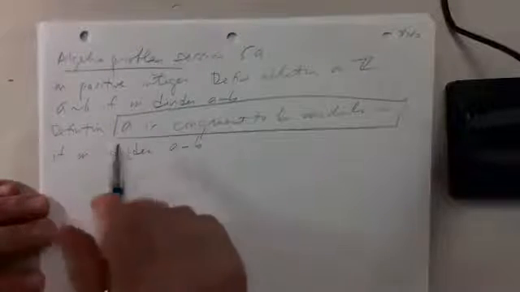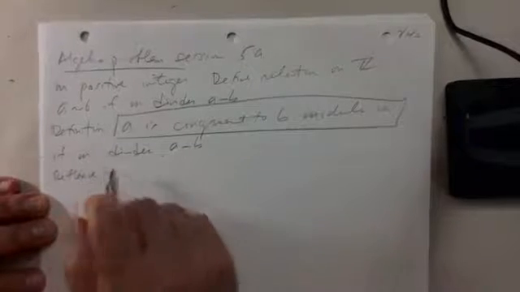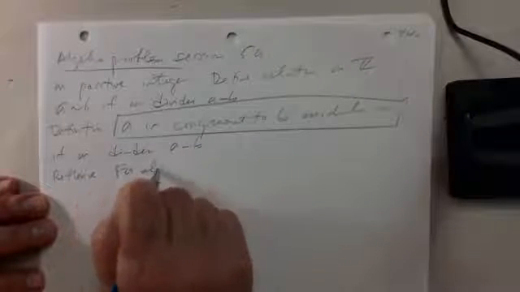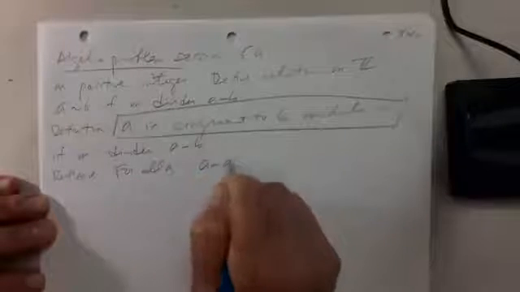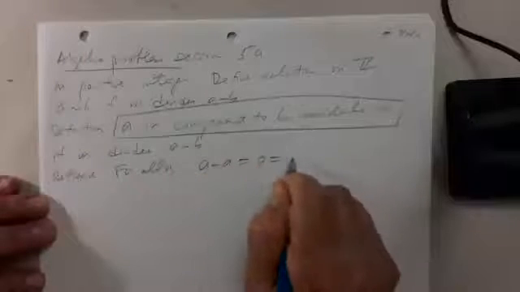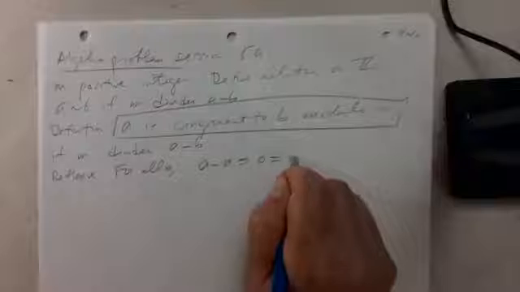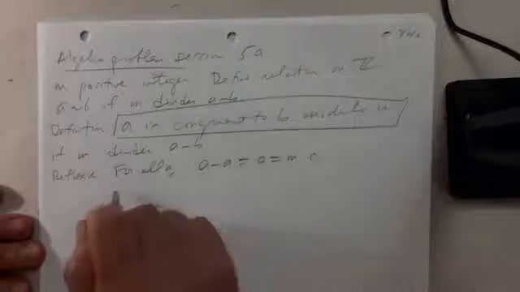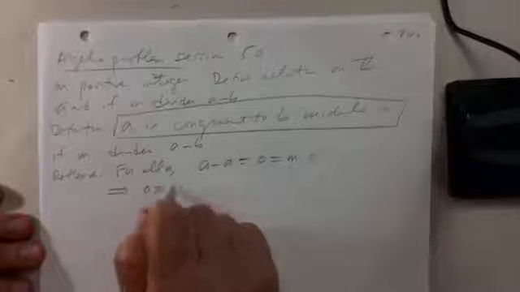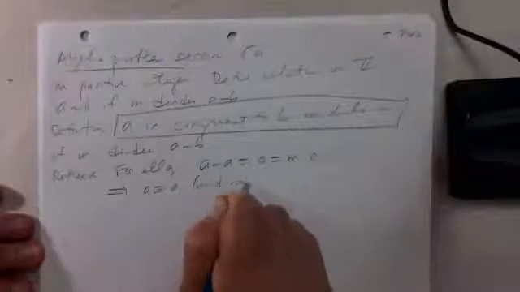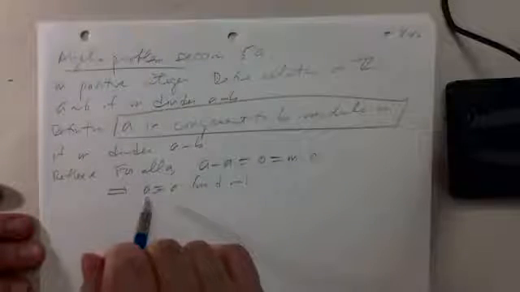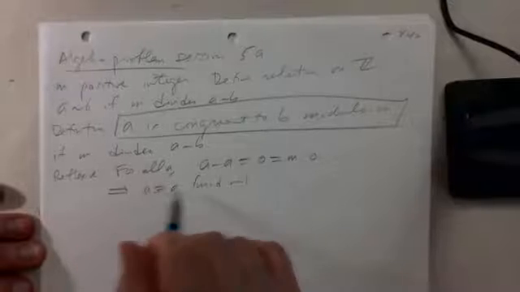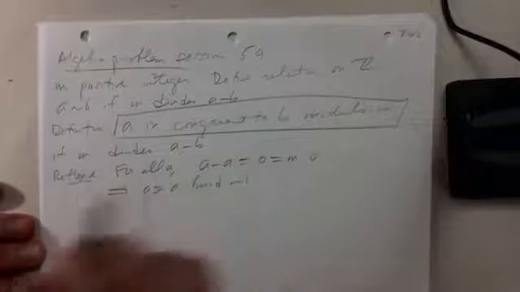So I claim this relation is reflexive, symmetric, and transitive. For all integers a, a minus a is 0, and 0 is m times 0. So m divides a minus a, so a is congruent to a mod m. In this relation, everything is related to itself. This relation is reflexive.